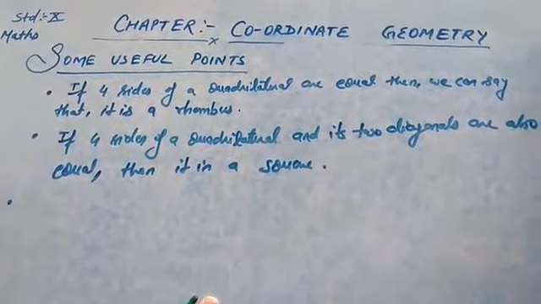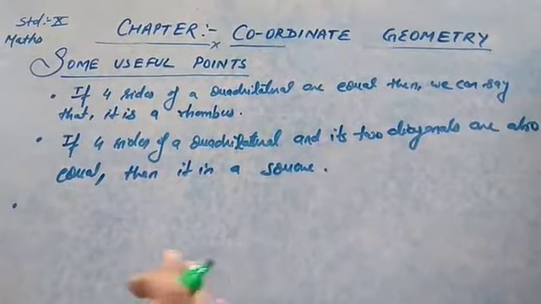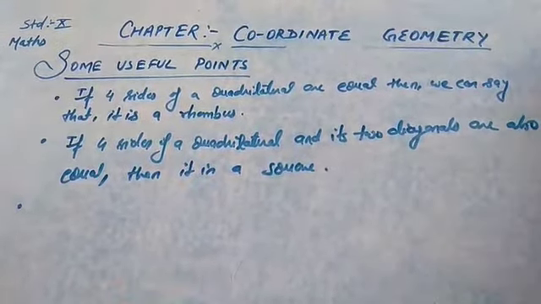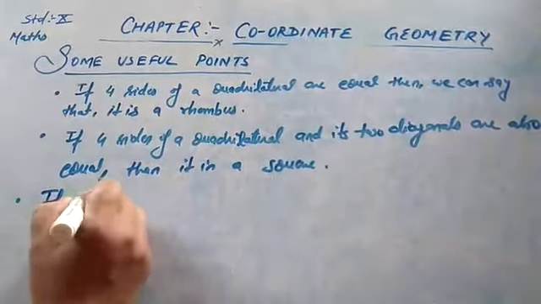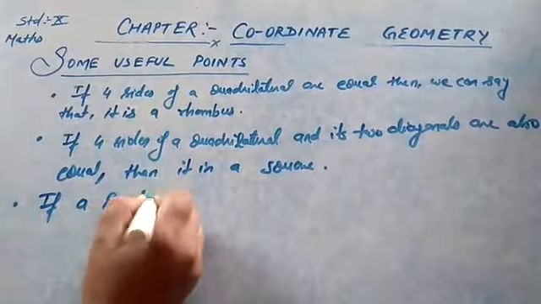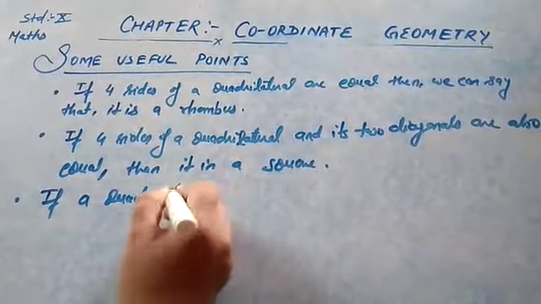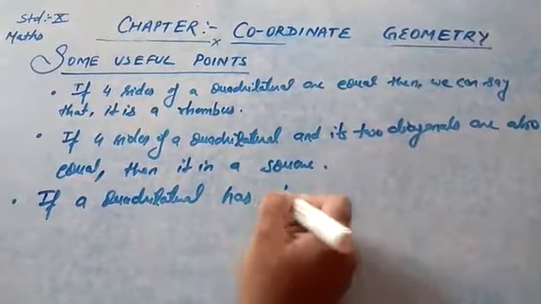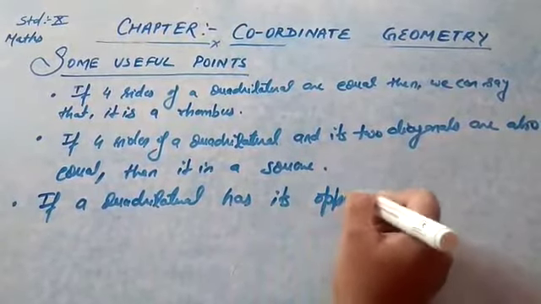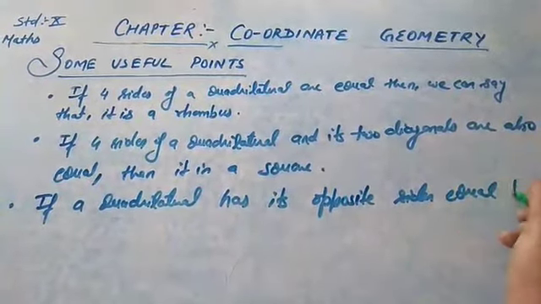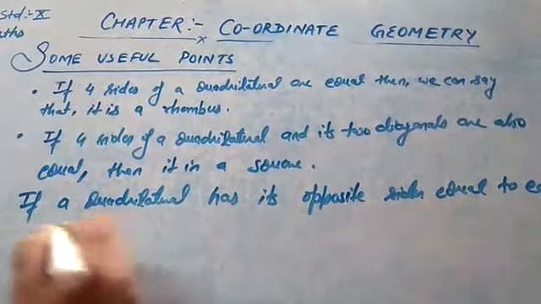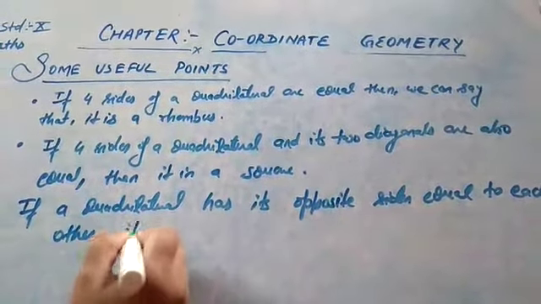In the same way, if a quadrilateral has its opposite sides equal to each other, then it is a parallelogram.